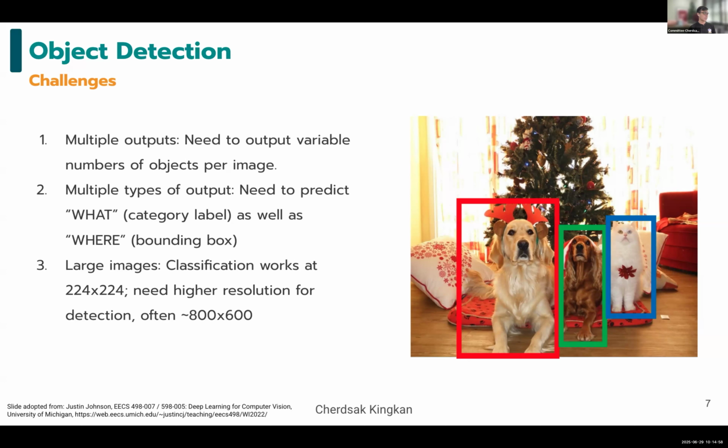Often it uses something like 800 by 600 pixel resolution, which is roughly 2 to 3 times larger than the image classification task. When we increase the resolution of the input, the computational resources required for the detection task proportionally go up with the resolution of the image. So these are the challenges when we are performing the object detection task.